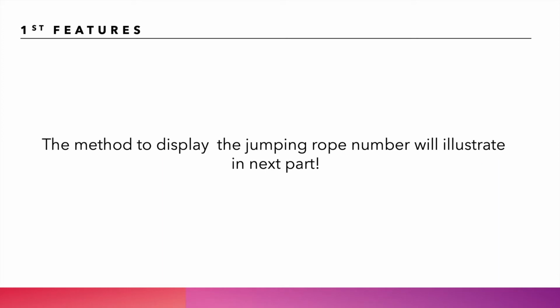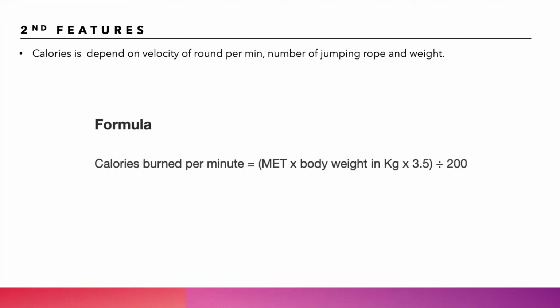The method for displaying the number of jumping rope skips on the GUI interface, I will illustrate in the next part. Let's go to the second feature. For this second feature, I want to calculate the calories per minute, do the summation every minute, and show it on the GUI display.